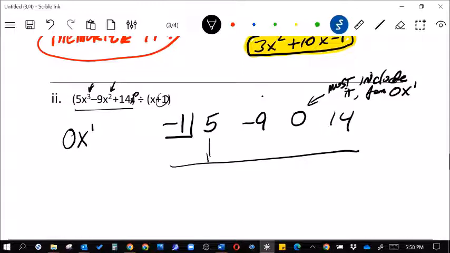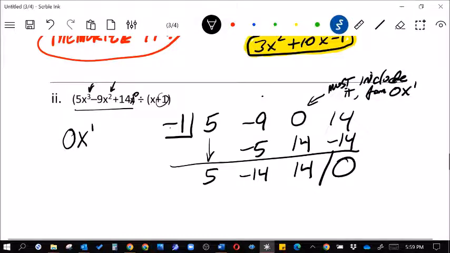Let's follow through the steps. The 5 comes down here. Negative 1 times 5 is negative 5. Add these together. That makes a negative 14. Multiply those makes a 14. Add those together, and I still get a 14. Multiply these, and I get a negative 14.